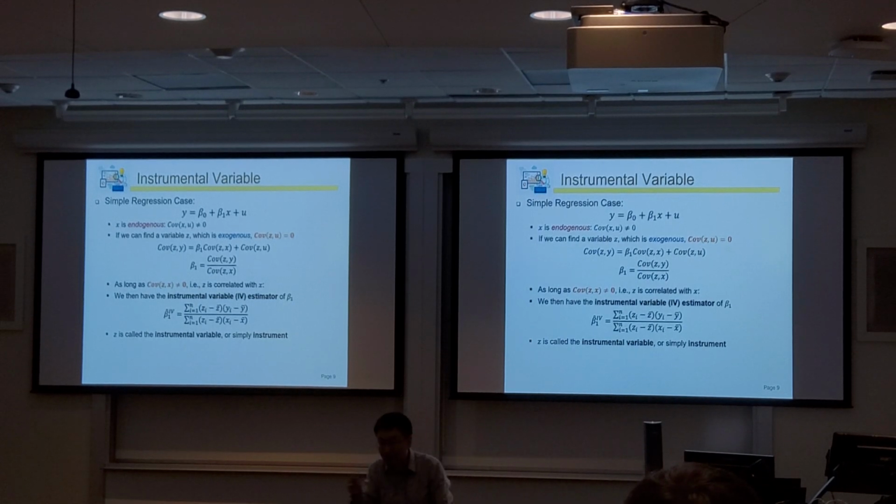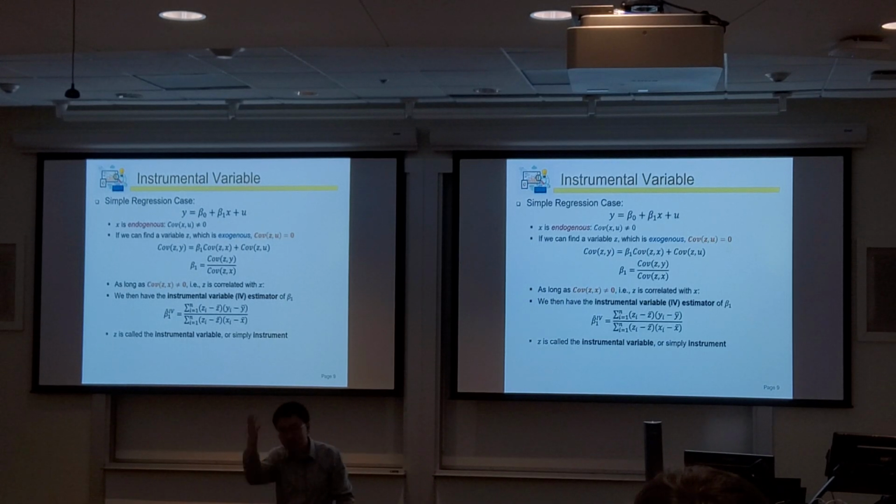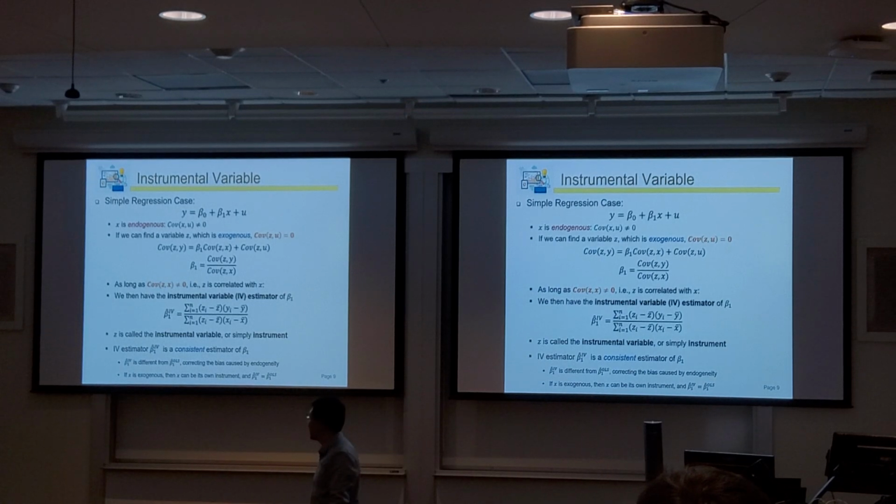And this variable that you find is called IV, instrumental variable. Sometimes we simply call it instrument. All right, so this IV estimator is a consistent estimate of the true beta 1 value, as long as your assumption is right: z is truly independent from the error.